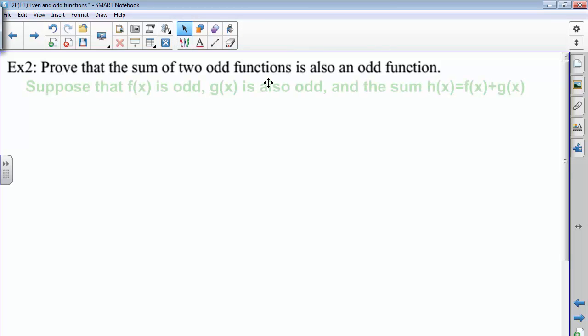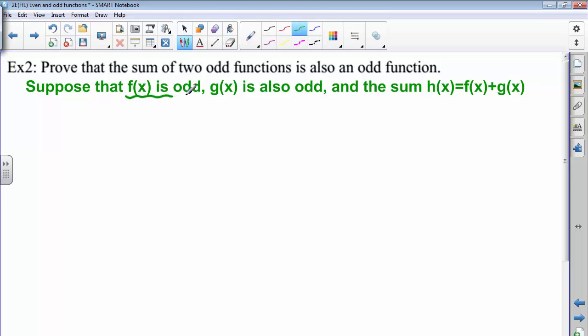So let's look at the first sentence I will put down: suppose that f of x is odd, g of x is also odd, and the sum, let's say this one is h of x, equals f of x plus g of x. f of x is an odd function.